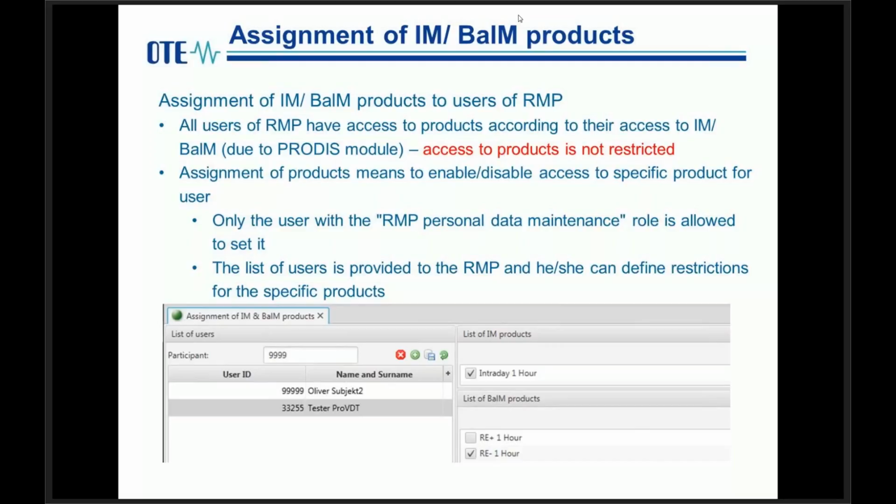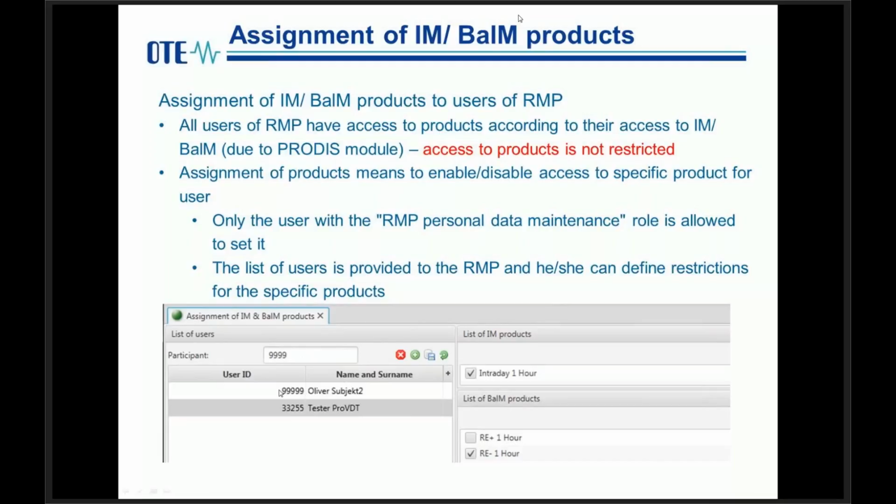So the authorized entity which has got the right to set up the access for other registered market participants, so automatically this digit is filled, and if there's no restriction, then this list would be basically empty.